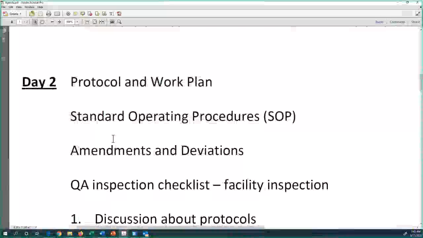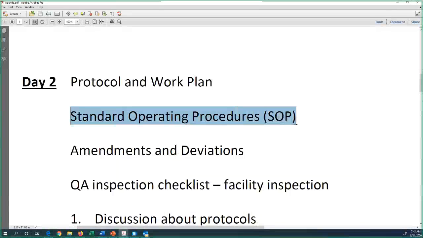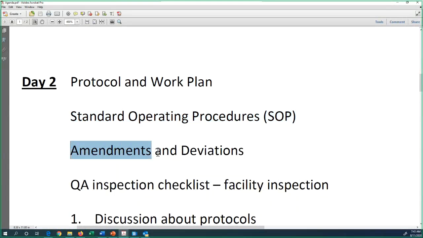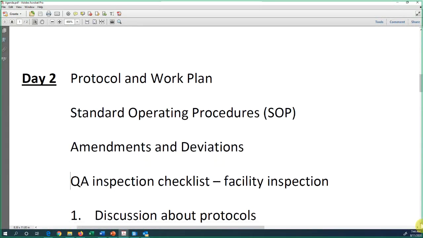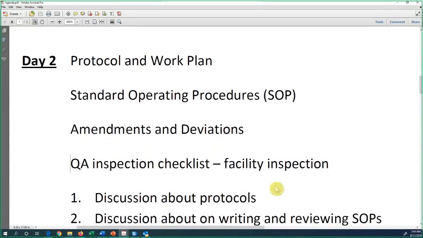So we spend time talking about protocol, a little bit about the SOP, and we talk about amendment. We have questions. Then it's the QA list. Let's take a look at the IR4 protocol first. Then we go back to the QA list.